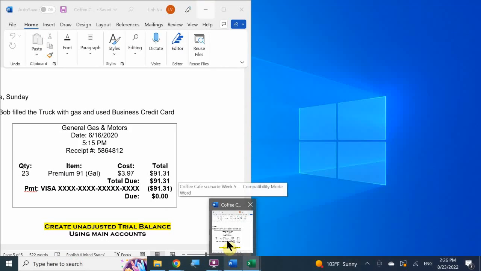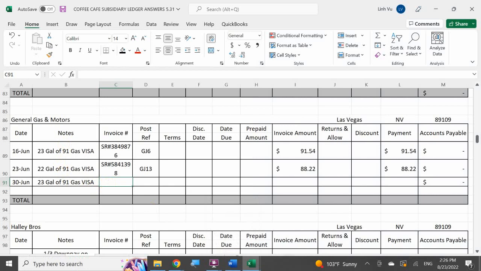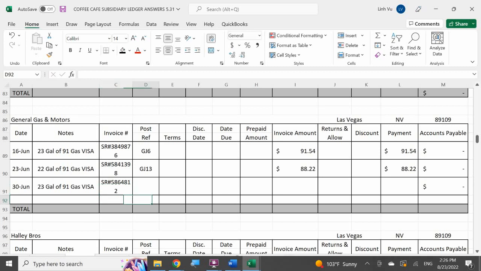Street number 5664812. 58. General, it's on page 22. It's 91.31 and 91.31. And then balance is 0.